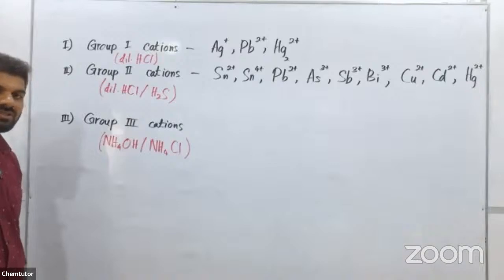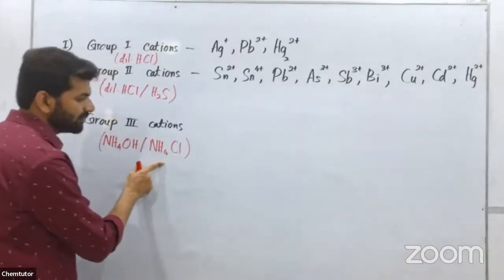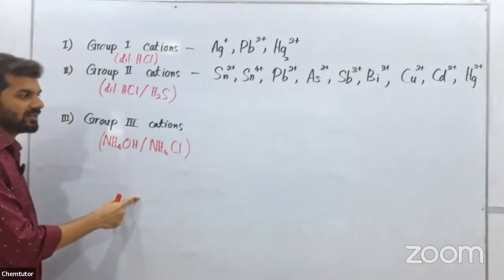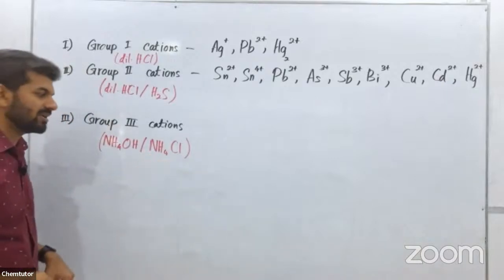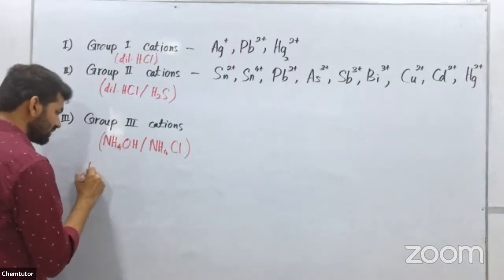Can you remember the buffer solutions? Once we add this, ammonium chloride is a salt, it completely dissolves and gives a particular ammonium ion concentration into the medium. Ammonium hydroxide is a weak base.